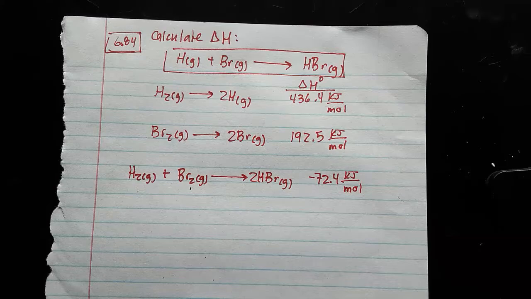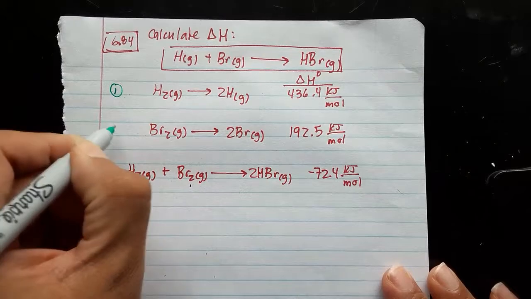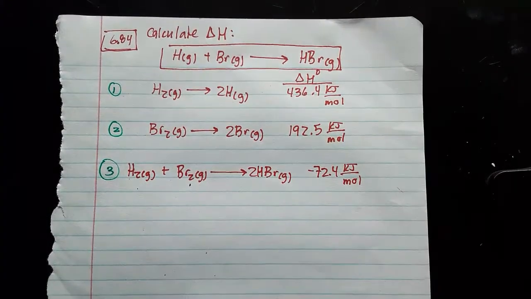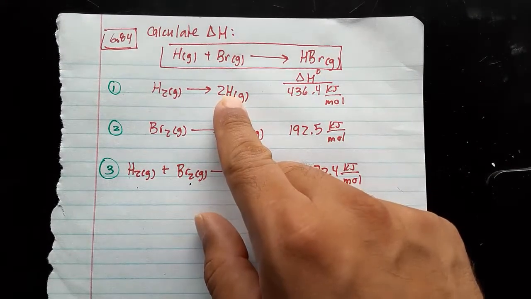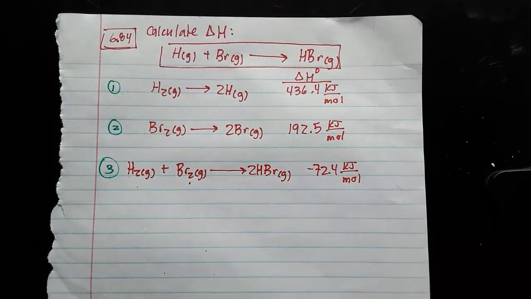So the scheme here is that we're going to flip reaction 1. I'm going to label these 1, 2, and 3, these sub-reactions, and this is the main reaction we need to get via manipulating 1, 2, and 3. So I'm going to flip equation 1 and also multiply it by 1/2. I'm going to do it all in one step here.